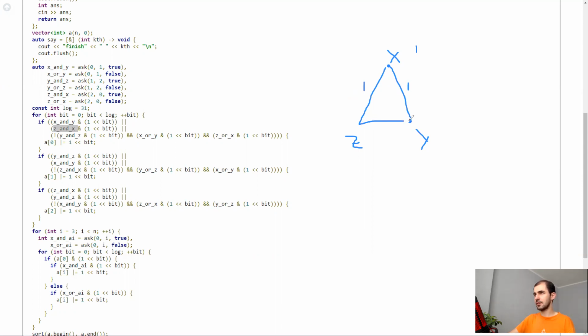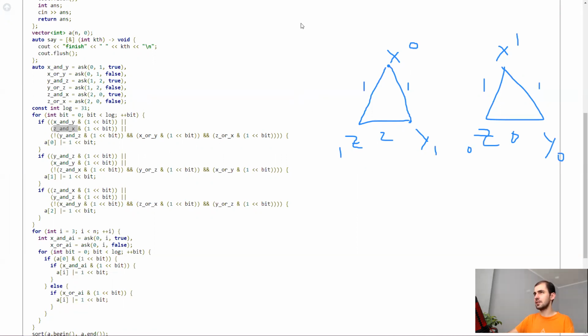And then I was thinking, okay, actually imagine that I don't know this fact. The only thing I know is that these guys have this bit set. That is what I check here and here. How do I check if X actually has this bit set? Because I can have two options. Either these two guys together have two bits set, meaning that they both have this bit set, then X doesn't, or they have 0 bit set in common, meaning that they both don't have this bit set and X does.